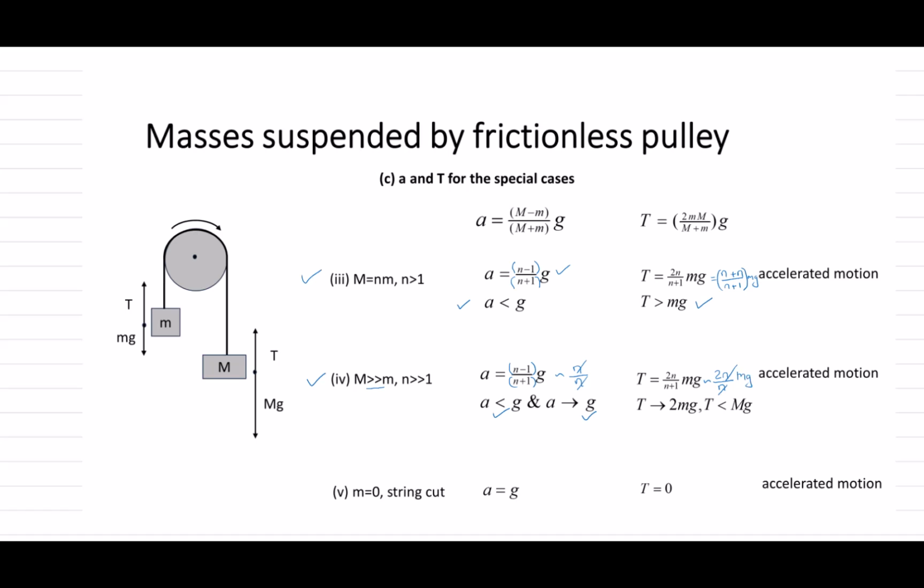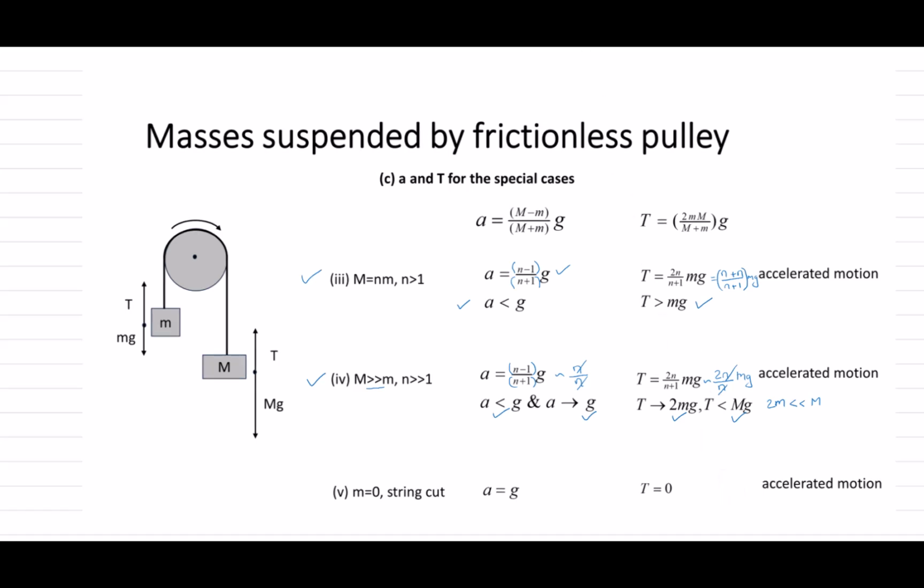Yeah, so the limiting value of tension will never be equal to twice mg, but it will approach that value. And given the condition that m is very, very less than M, twice m will also be very, very less than M, and therefore tension will always be less than the weight of the bigger object.